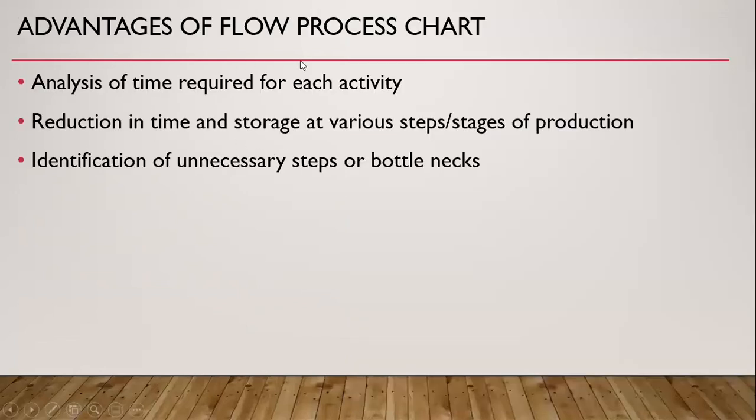So what are the advantages of flow process chart? It includes analysis of time required for each activity. With the help of flow process chart, we can reduce the time and storage at various stages of production. And we can also identify unnecessary steps or bottlenecks because the time dimension is also included.